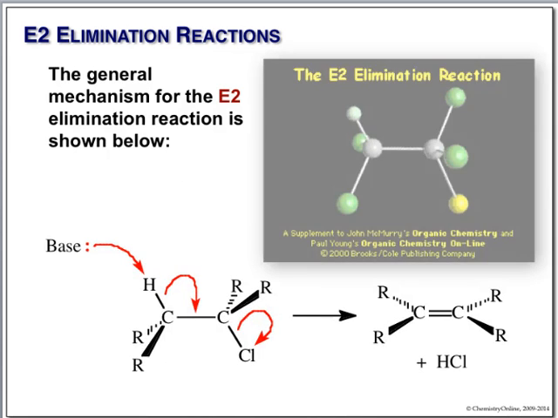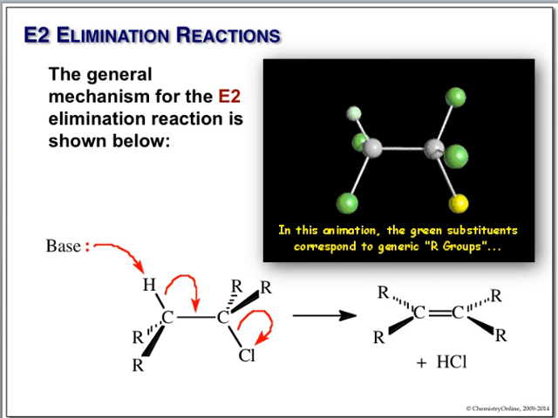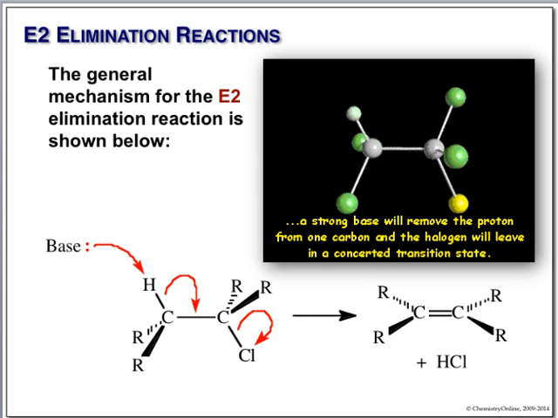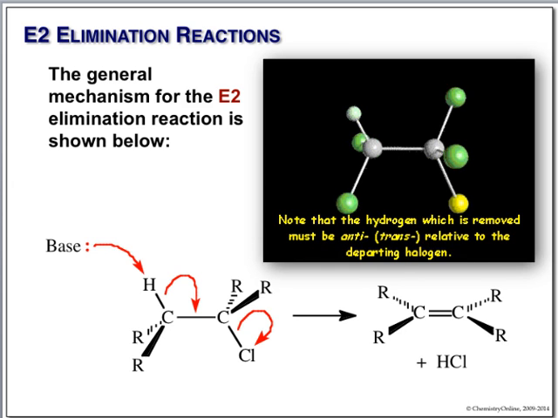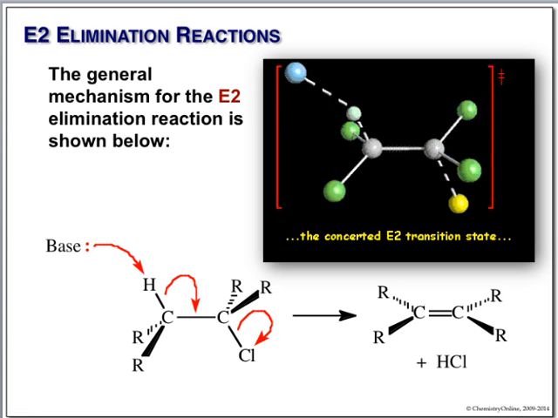Let's, of course, watch the movie. Here we have just a simple alkyl halide. We're going to pull the hydrogen off. This is going to be our leaving group. The strong base comes in, pulls off the hydrogen. As it does, the electrons move in to form the double bond, and the leaving group leaves.